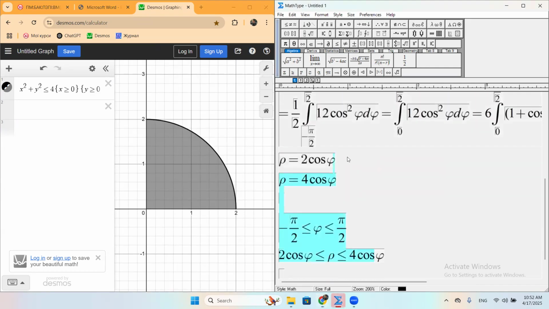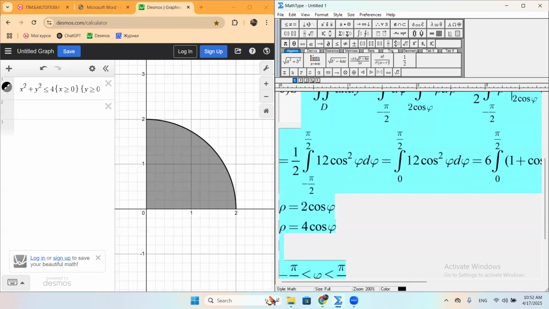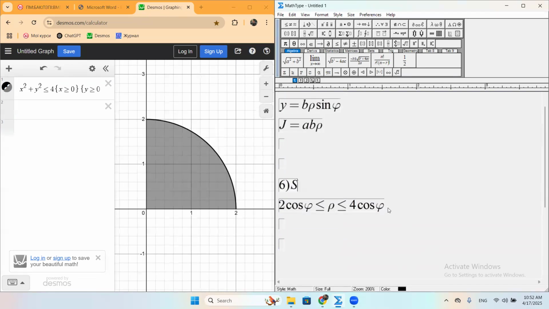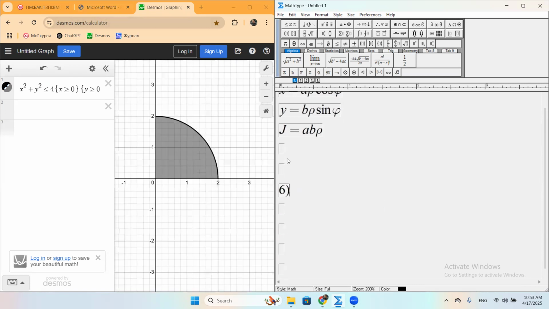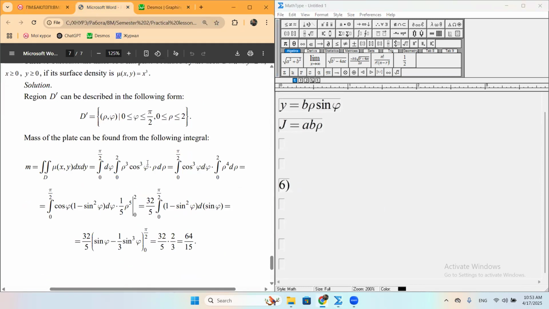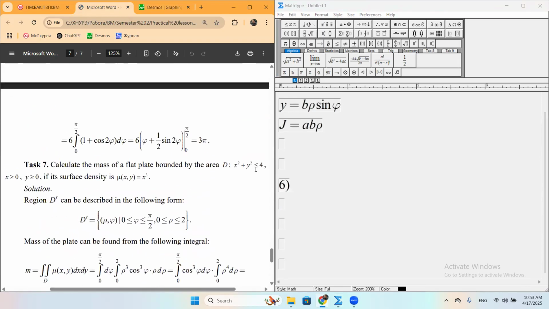So let's calculate the mass. Let's also write down the conditions that we need: x squared plus y squared less than or equal to 4, x greater than or equal to 0, and y greater than or equal to 0.